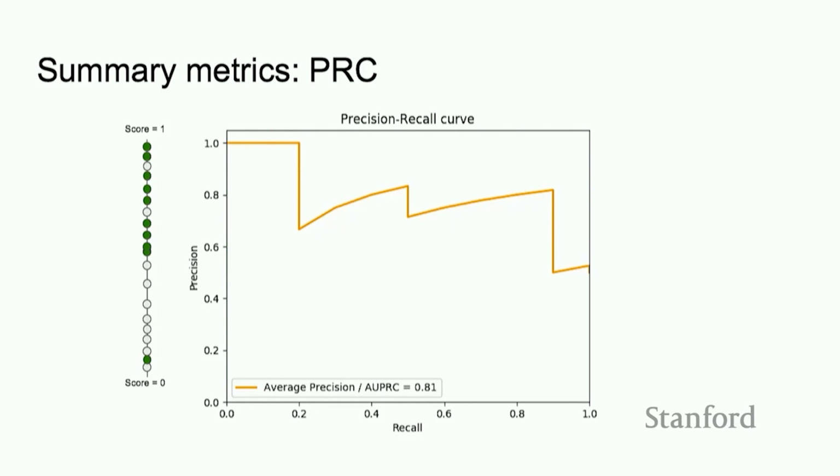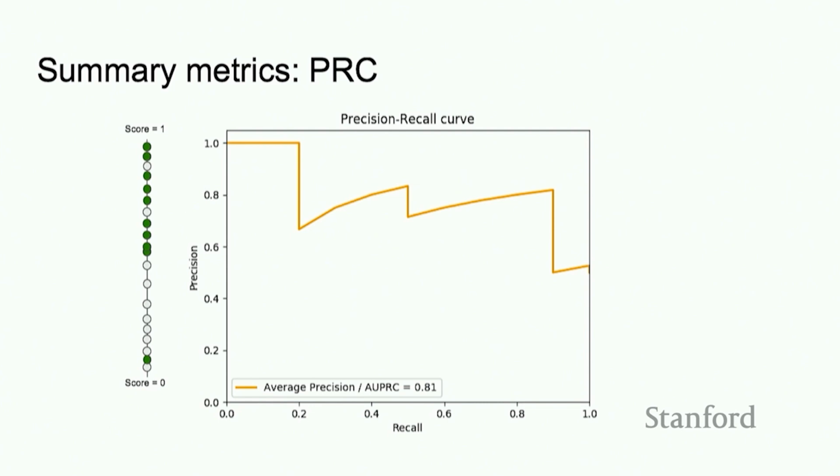So the ROC curve was the trade-off between sensitivity and specificity. The precision recall curve is the trade-off between precision and recall. It's plotted in a similar way as the ROC curve.